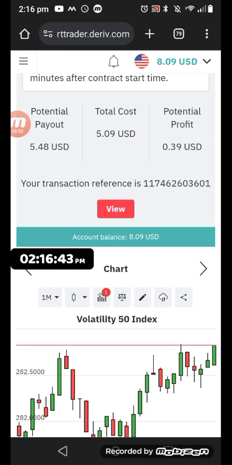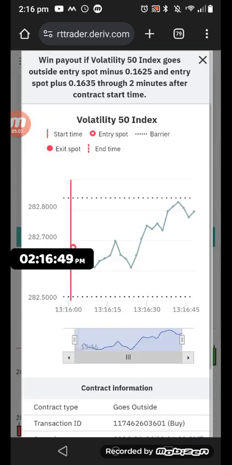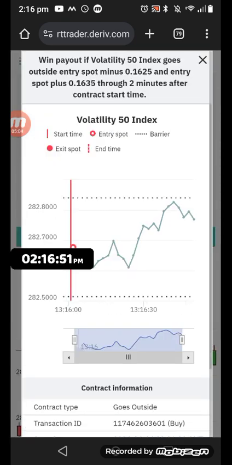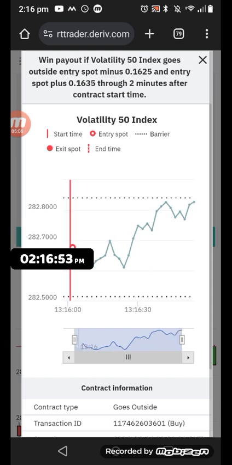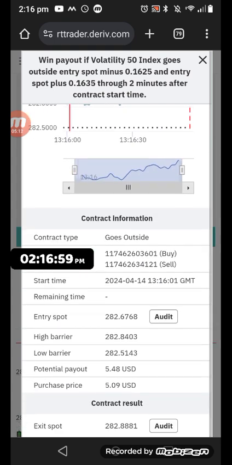But because I'm actually following a signal setup, I'm not just placing trades. You could hear sound coming from my laptop. There is a signal setup I'm following.